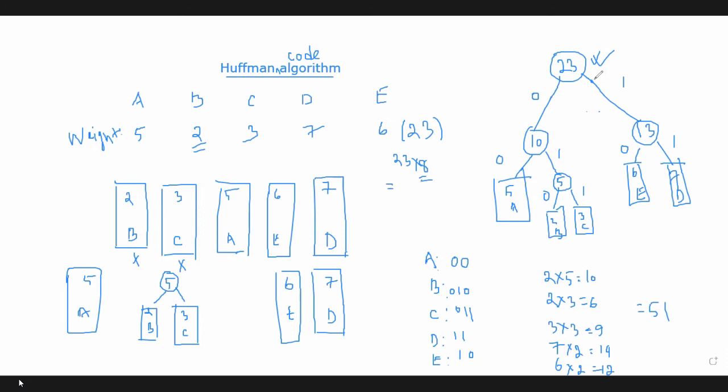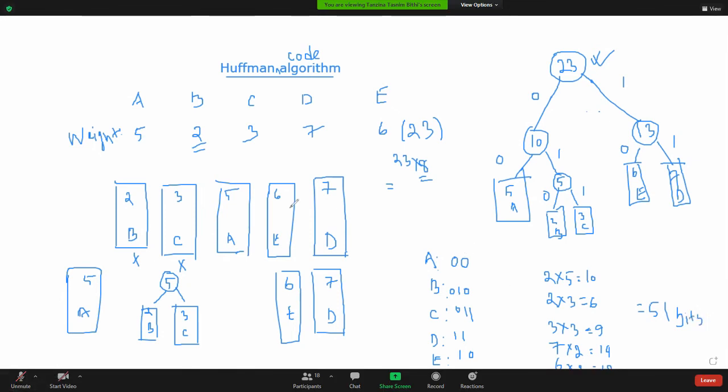So is it clear why we're using the Huffman code algorithm? For compressing the data size as well as for reducing the bits. In this way, by using the Huffman code algorithm, we can construct a minimum weighted path length tree. So this is the total number of bits needed for sending all the characters of these frequencies or weights.